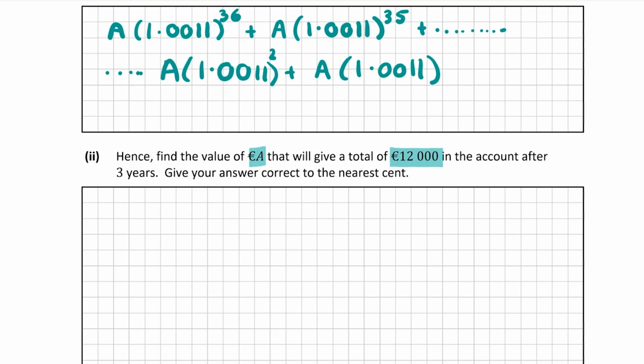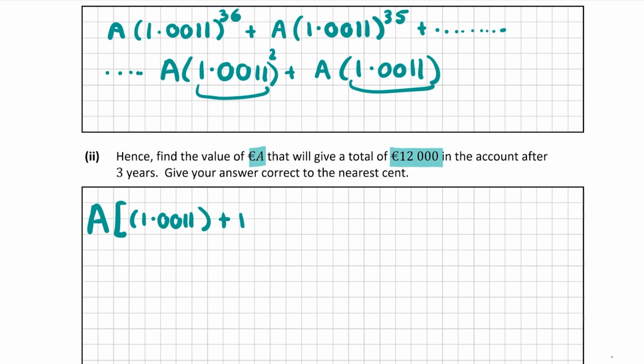So what I'm going to do here to make this easier for myself, I'm going to take out A. And I'm going to work backwards. So I have 1.0011 plus, and then next I'm going to take out 1.0011 to the power of 3 and so on.